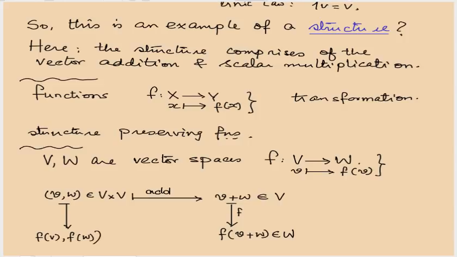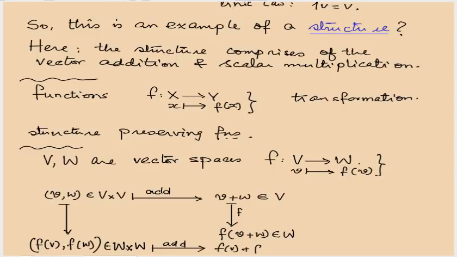So this becomes a pair in W cross W. Right. And then I could add, as if in W, to get f(v) + f(w), which is also in W.